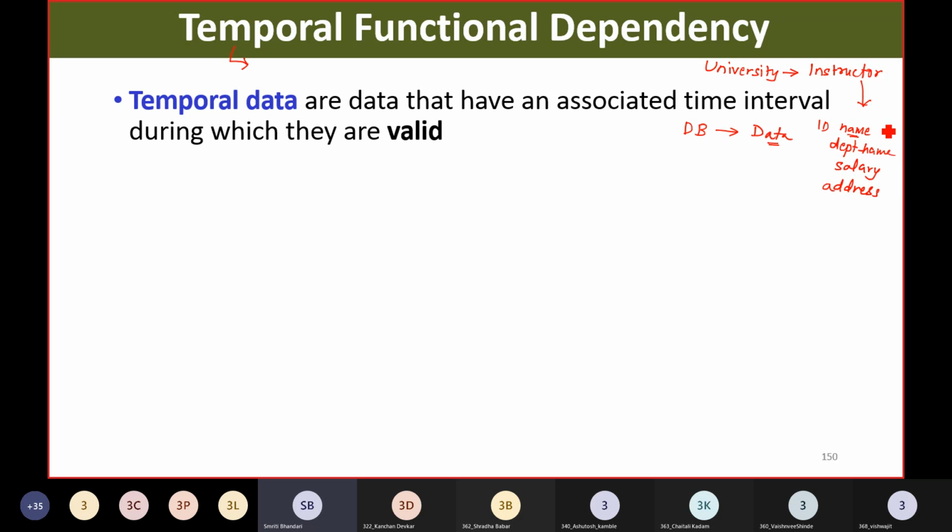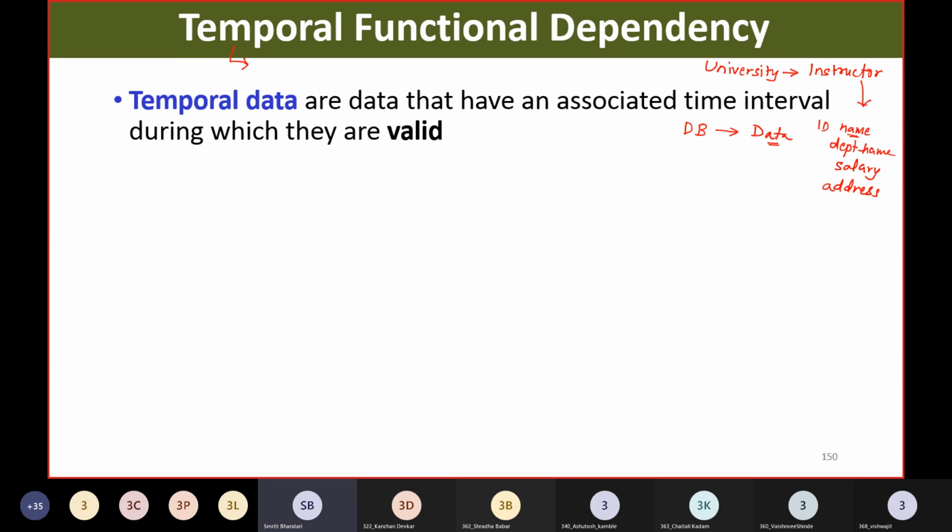If we try to maintain temporal records like this, during one time interval the person was staying at one particular location, and during another time interval the person is staying at a different location. So with respect to time, the address of the instructor has changed.